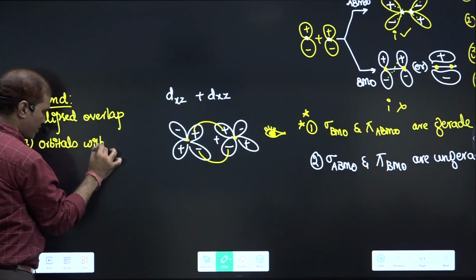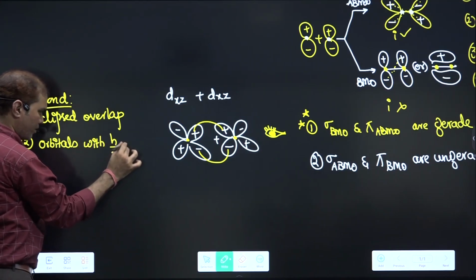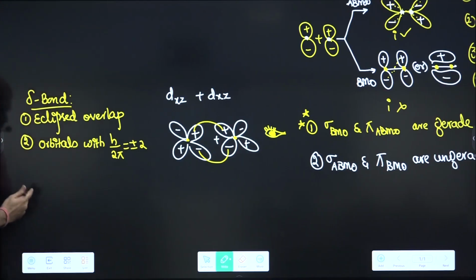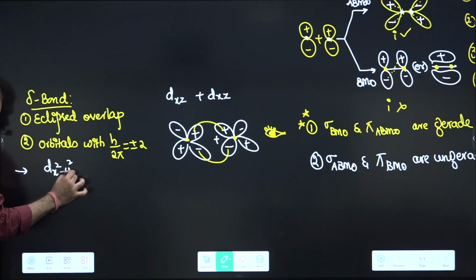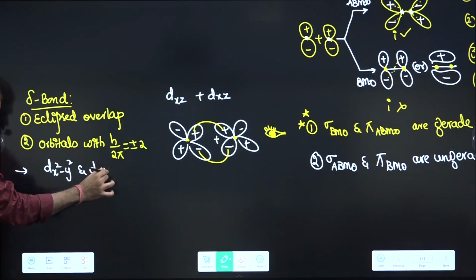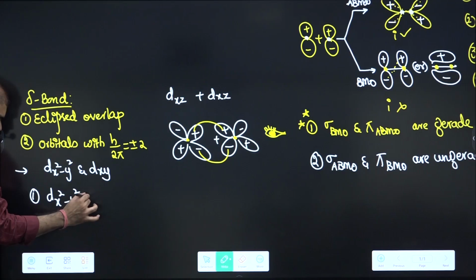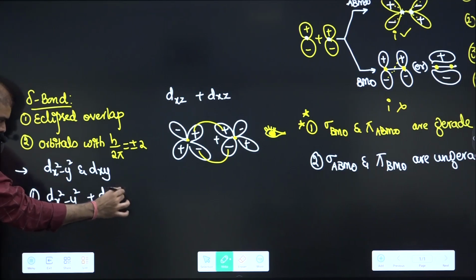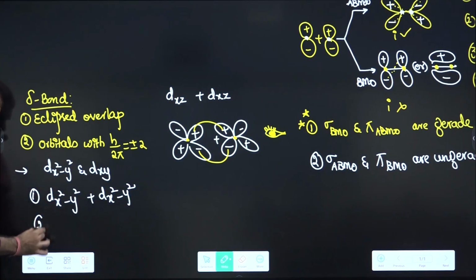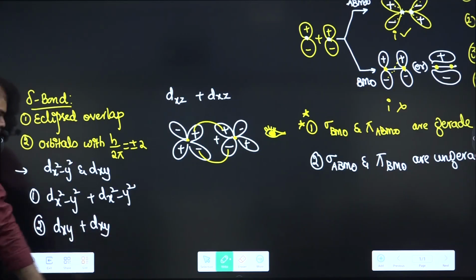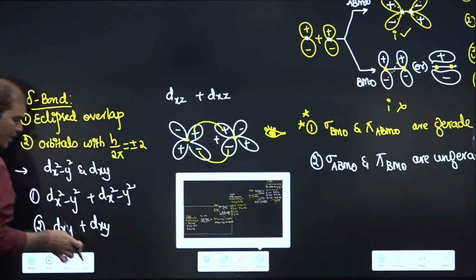Orbitals with h by 2 pi orbital angular momentum of plus or minus 2, and the combinations of plus or minus 2 are only two. One is dx square minus y square and the other dxy. So what are the various combinations for delta bond? dx square minus y square plus dx square minus y square, dxy plus dxy. These basics will help you in the metal clusters also.